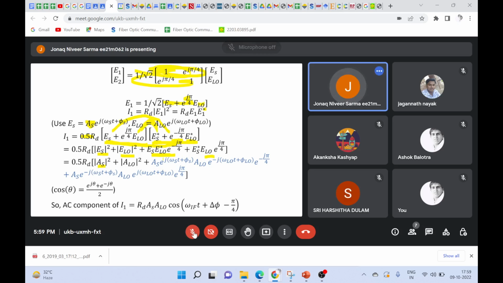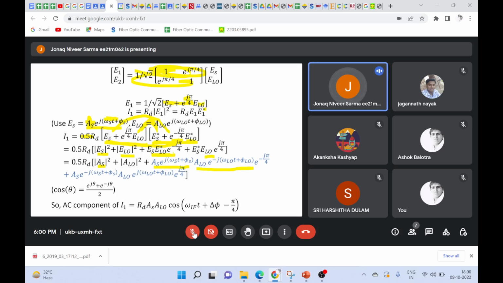Then just substitute the definition of ES. This is basically converting to polar form: just the magnitude and just the phase. So you write ES as AS times this definition. This is the ES term. Then ELO conjugate, so this term, and here instead of plus it is minus. Your phase got reflected, that's all.